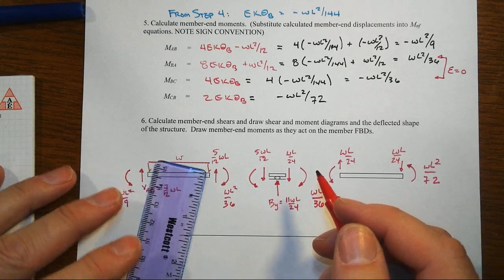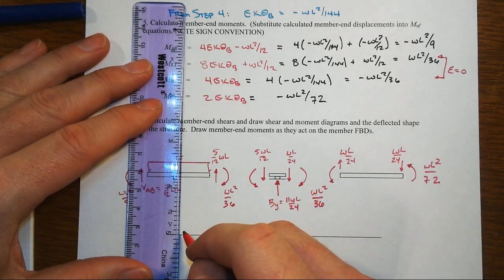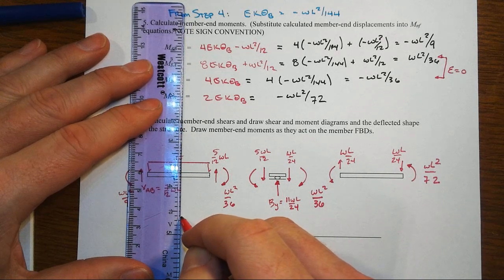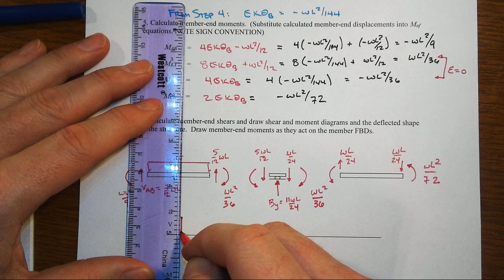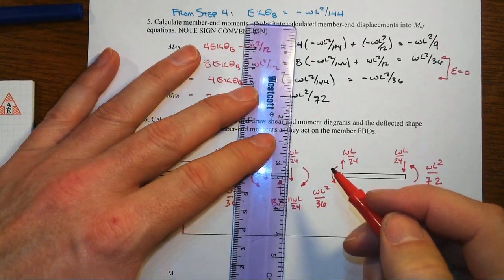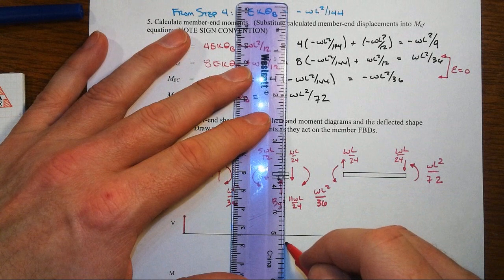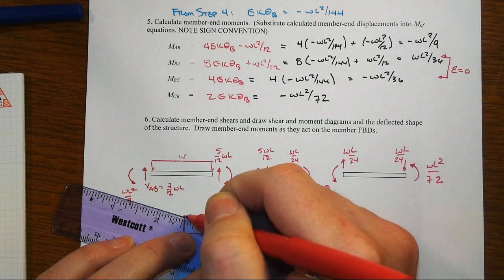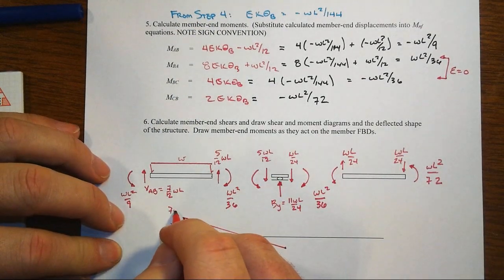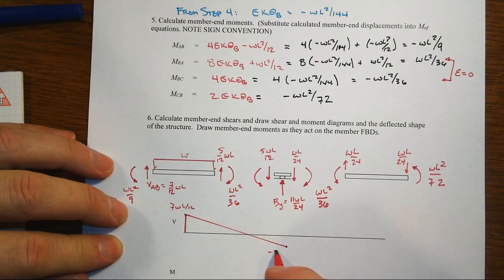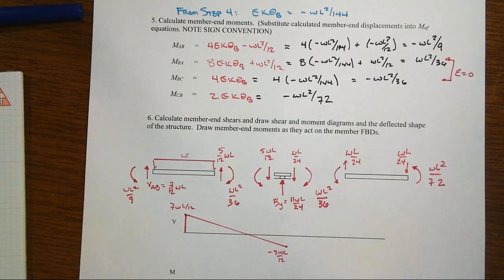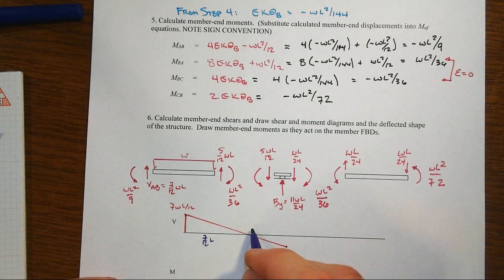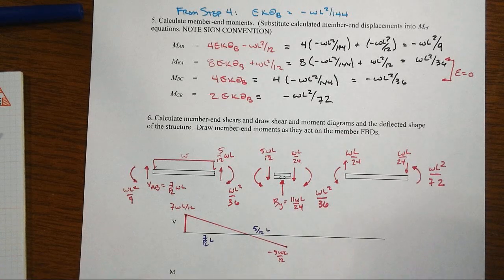Let's do it this way. We're going to go up to 7/12, come down to 5/12, and there's our beginning portion of our shear diagram. Notice that sort of tells us right off the bat that we're at 7/12 L here and 5/12 L here, telling us, of course, where the zero moment's going to be.